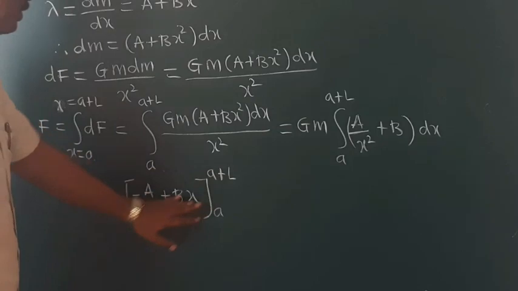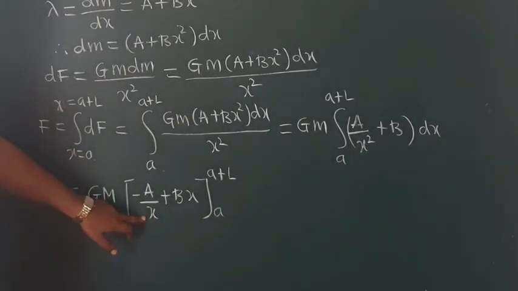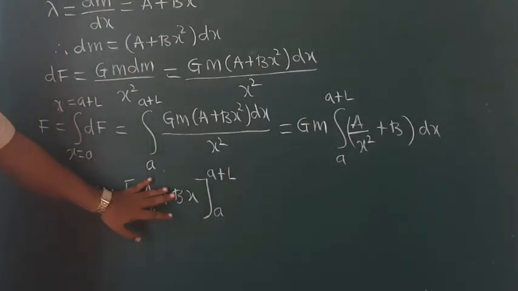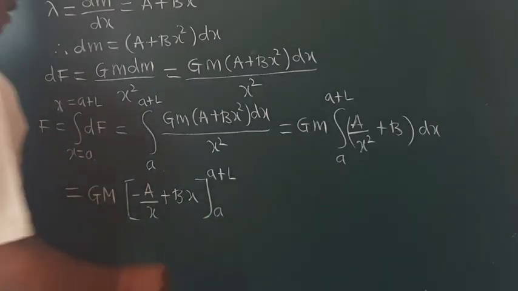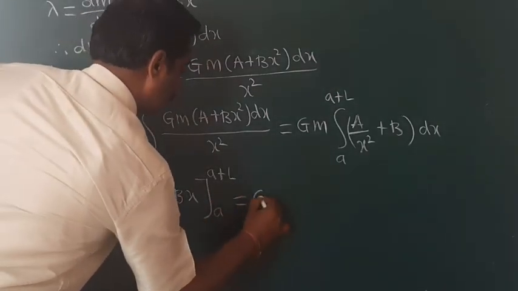Now you substitute the limits here. First we will put x equal to a plus L, then minus x equal to a. That is equal to gm.